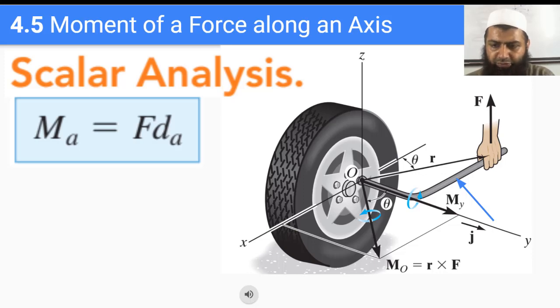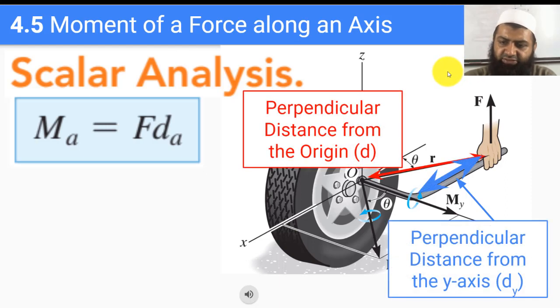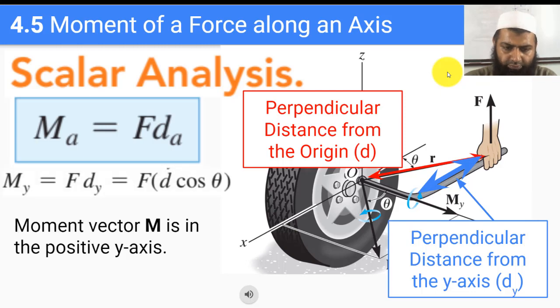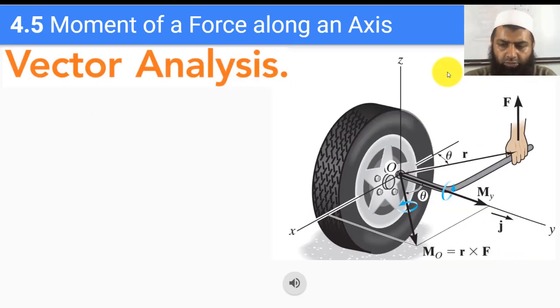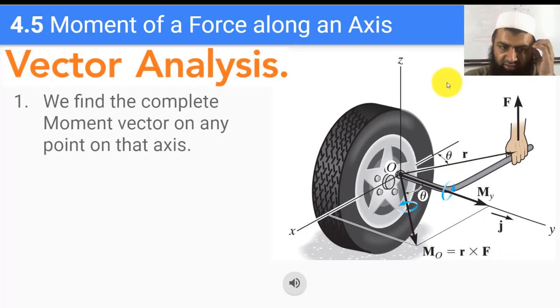Moving on, now we want to discuss the moment of a force about an axis in its vector form. If we are using vector analysis, the first step is to find the moment of the force about any point on that axis.